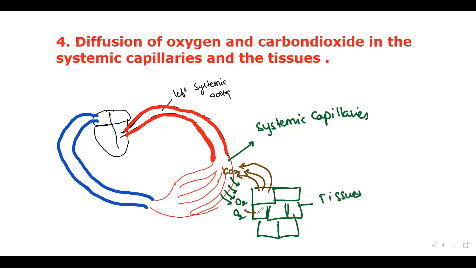So you need to understand, when oxygen comes here, what happens in the cells and tissues? Exchange of gas. When oxygen comes here in the tissues, what will the tissues do with that oxygen? For energy. How does oxygen give energy? Breakdown of glucose. So that's what we can say, utilization of oxygen.